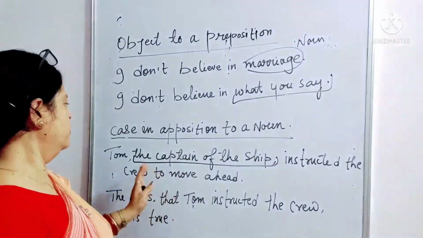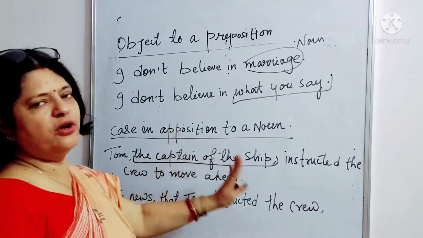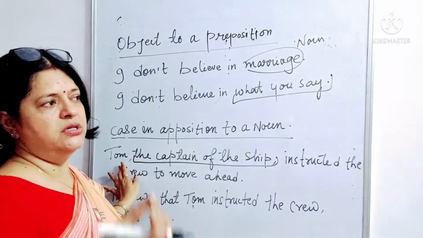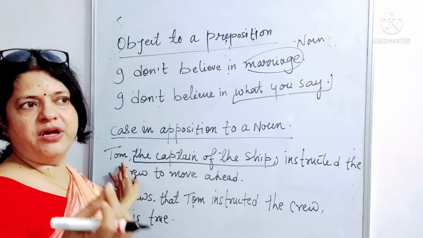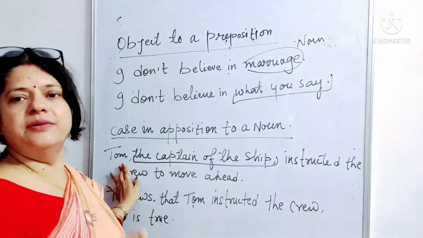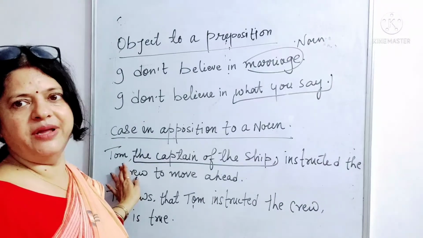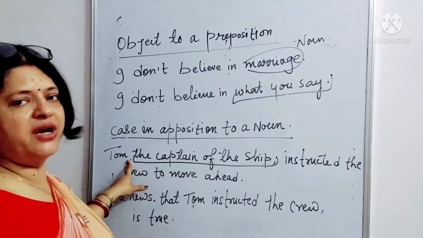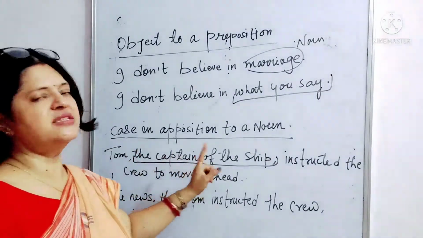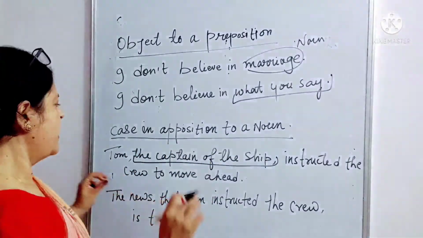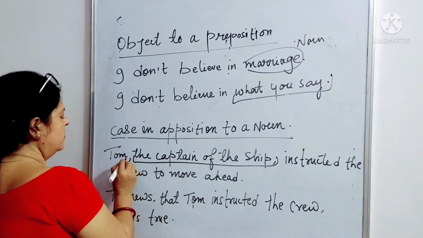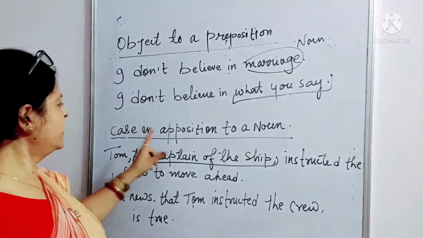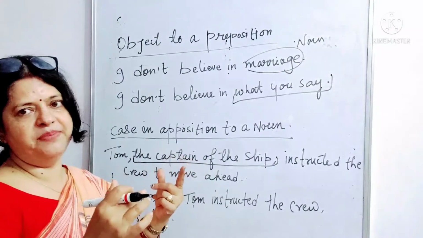So as we see, sometimes after a noun, some phrase comes to become an apposition, and sometimes some noun comes to become an apposition. So here in this sentence we see that after the noun, a phrase has come to become an apposition. Tom and the captain of the ship are the same person.